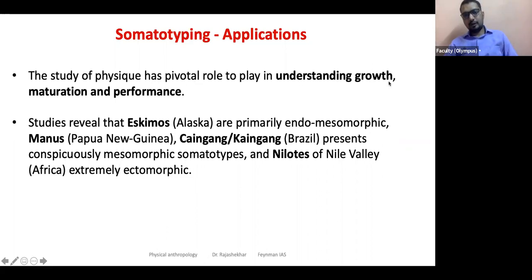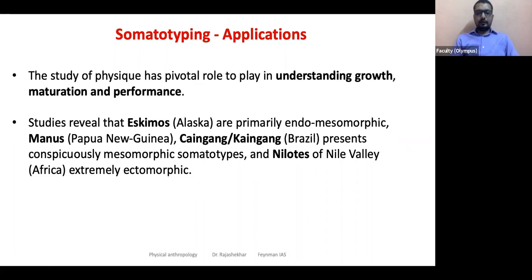So Eskimos are more endo to mesomorphic. Kaingang and Manus are more mesomorphic, and Nilotes of the Nile Valley in Africa are extremely ectomorphic. Like that, even ethnic groups can be identified with their somatotype. But of course, this provides an average picture.